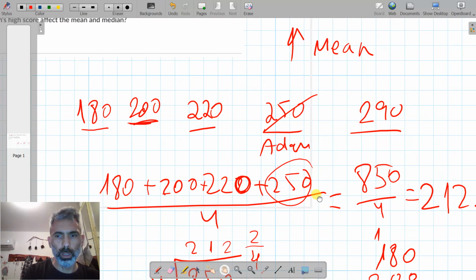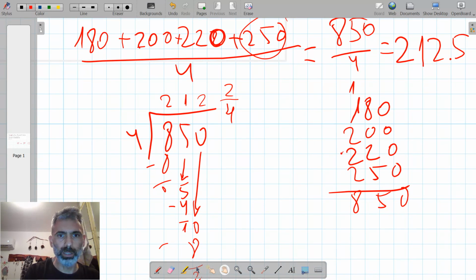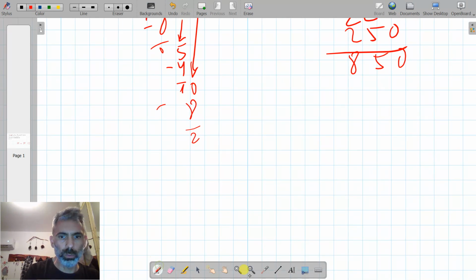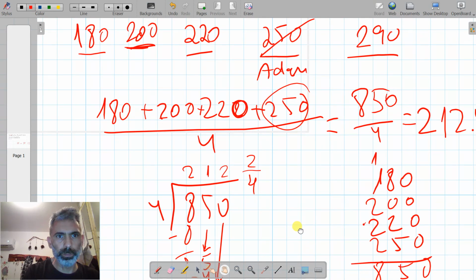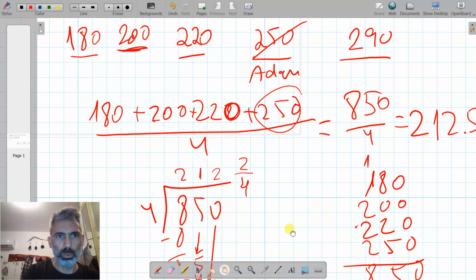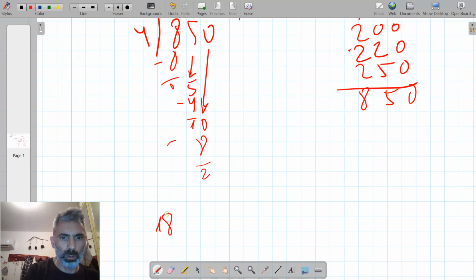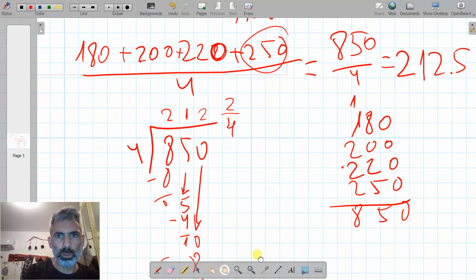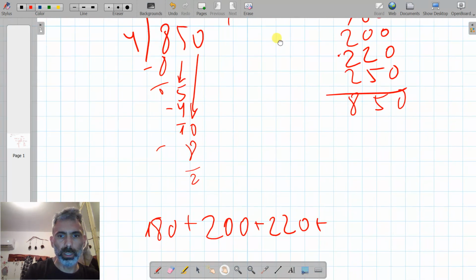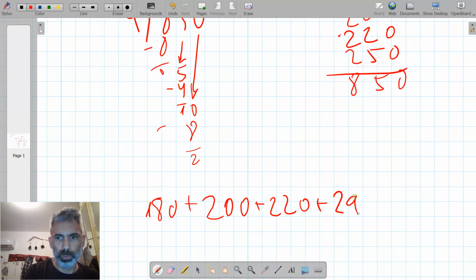But if we take Adam's new high score, which is 290, the mean will increase from 212.5 to 180 plus 200 plus 220 plus Adam's new high score, 290, divided by 4.